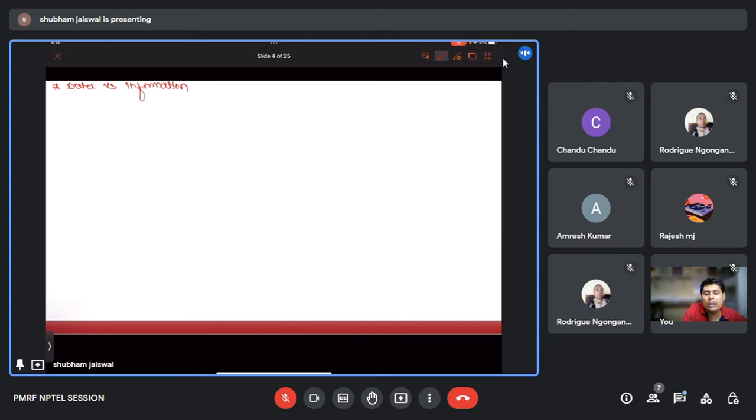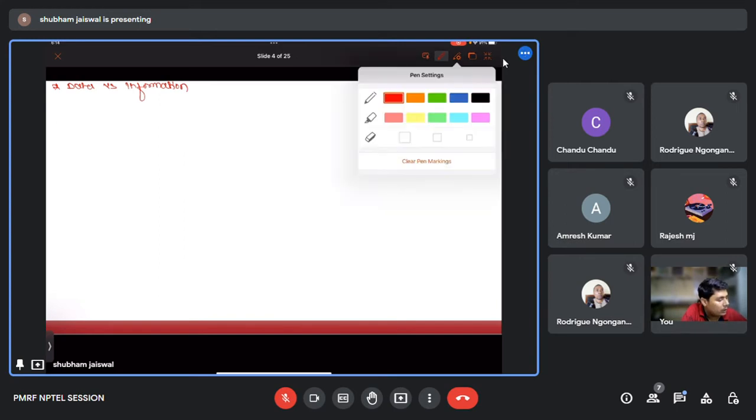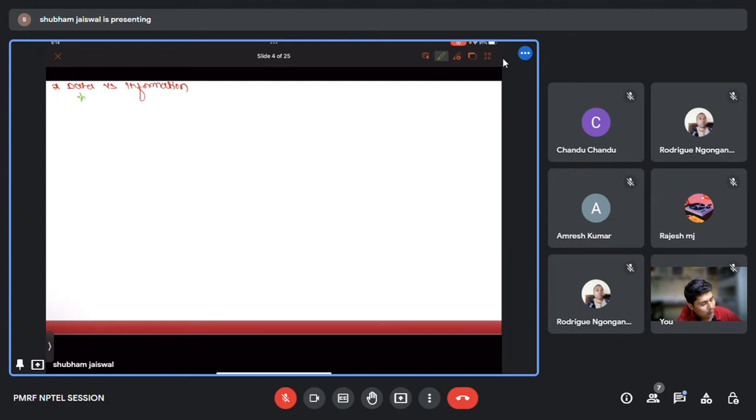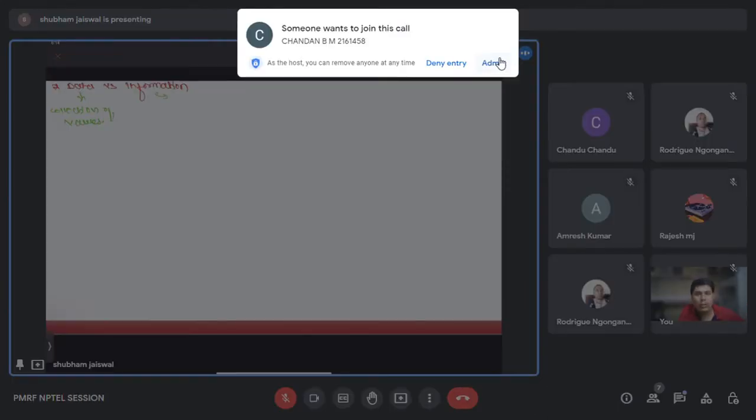So data is nothing but the collection of values. And what is information? When we try to extract something from the data, that is nothing but the information.